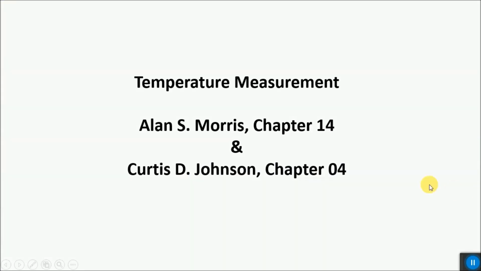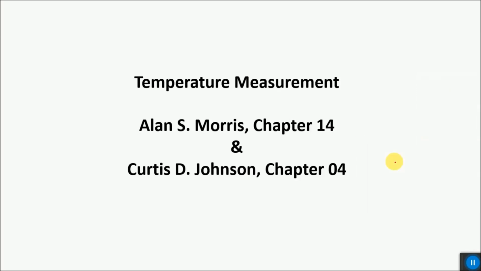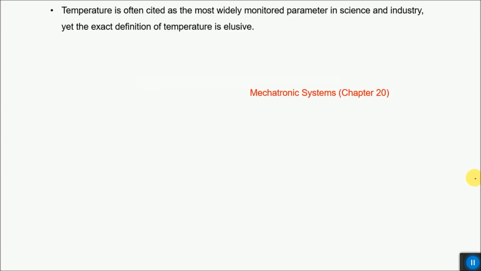Okay, so let's start with temperature measurement, and we will be following chapter 14 of L.N.S. Morris and chapter 4 of Curtis D. Johnson for temperature measurement and its design problem. This part has been taken from Mechatronic Systems, but this is just the definition of temperature.